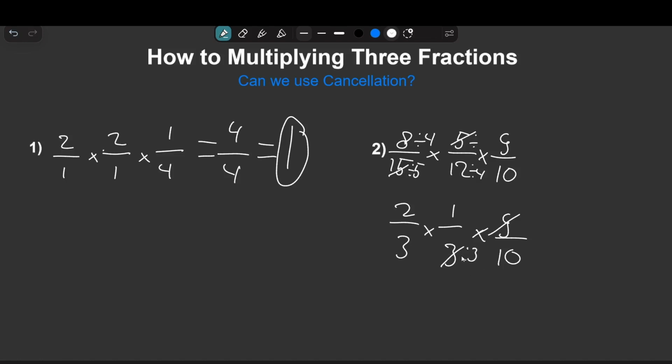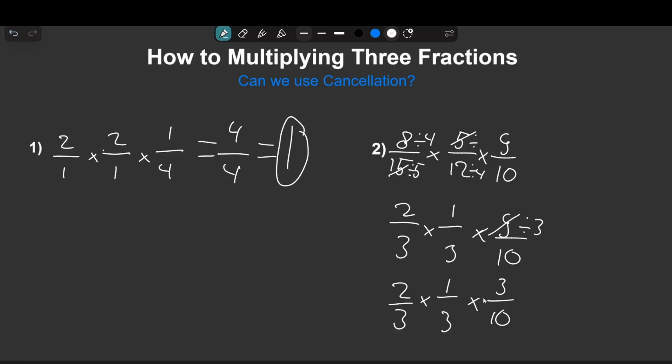So we're gonna divide these two by 3. 3 divided by 3 equals 1, and 9 divided by 3 equals 3, like this. So these will be our final three fractions, what we are going to multiply with each other to get to our final answer.